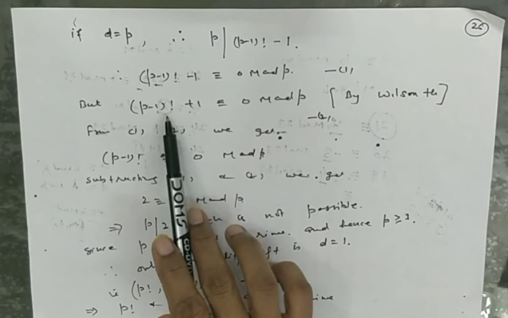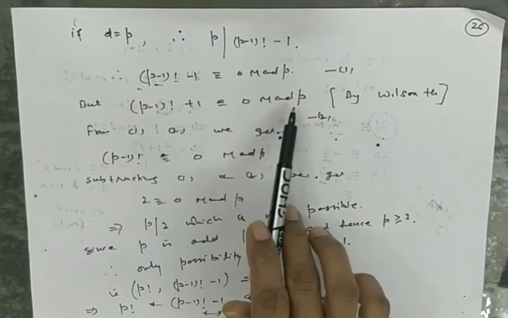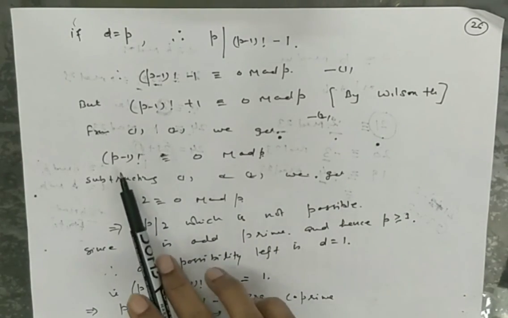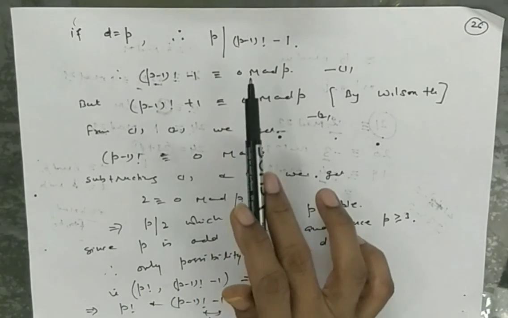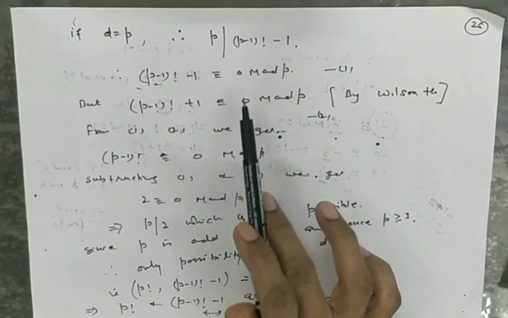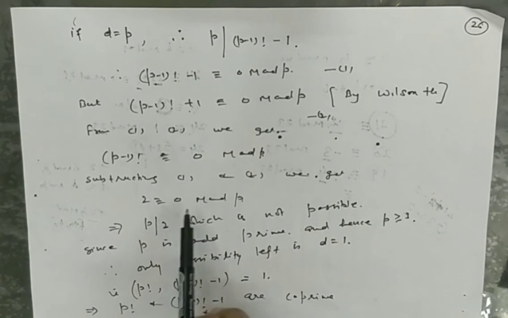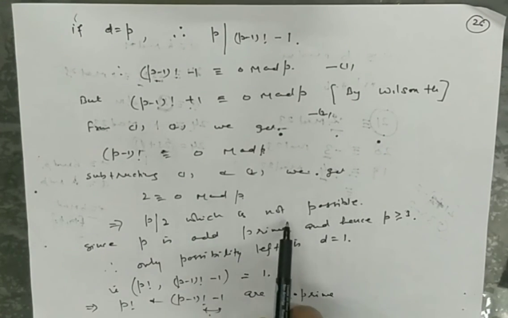But by Wilson's theorem we know that p minus 1 factorial plus 1 is congruent to 0 modulo p. So from this 1 and 2 we get p minus 1 factorial is congruent to 0 modulo p, and subtracting these two we get 2 is congruent to 0 modulo p, and this implies p divides 2, which is not possible because p is an odd prime.